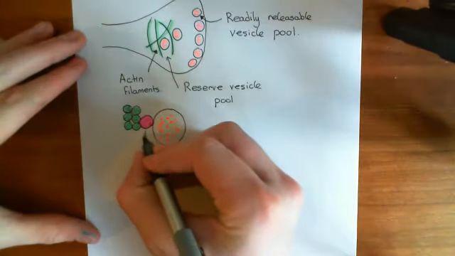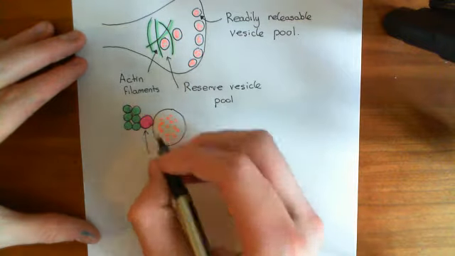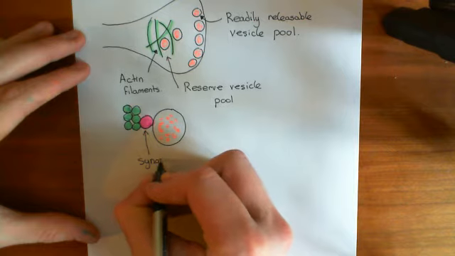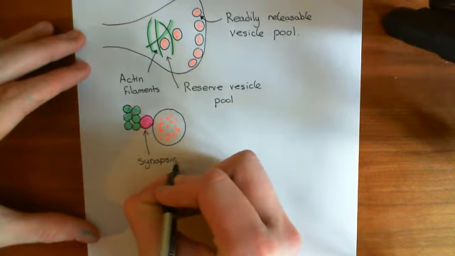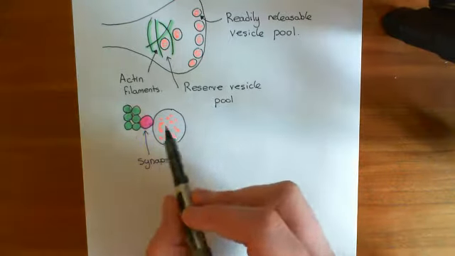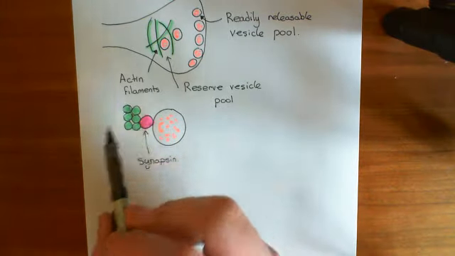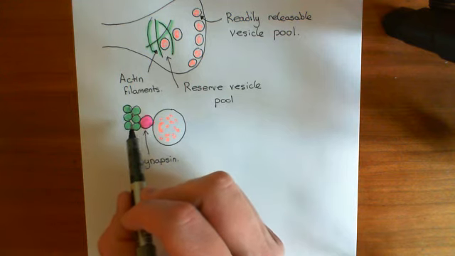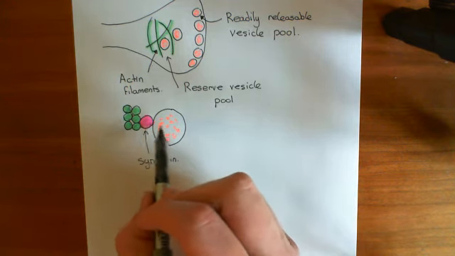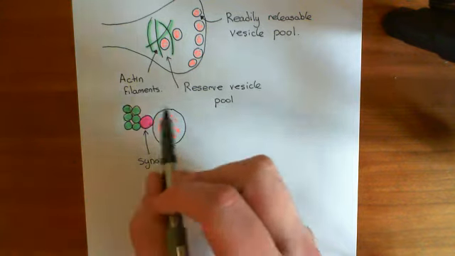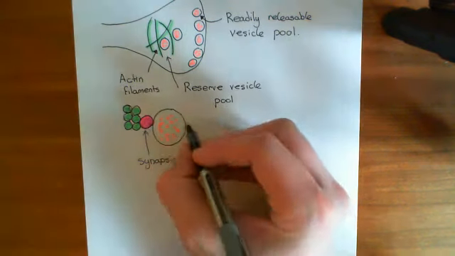Okay, so this protein holding the synaptic vesicle to the actin filament is known as a synapsin. Right, okay, these synaptic vesicles are held to the actin cytoskeleton by these synapsins, and synapsins have a site which binds onto the actin filament on one side, and then on the other side they'll have another binding site which binds onto the lipid of the phospholipid bilayer of the synaptic vesicle here.